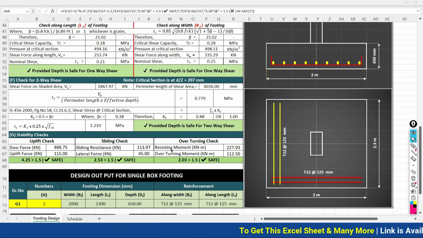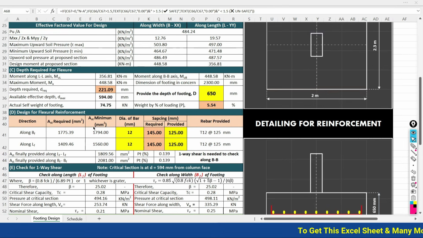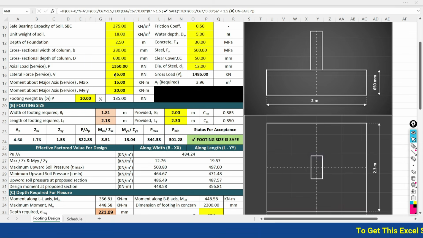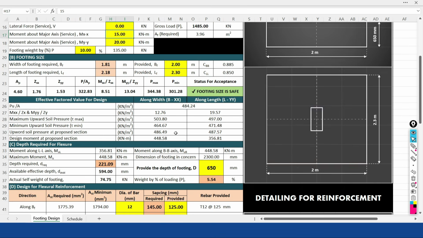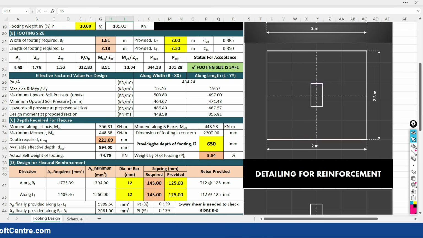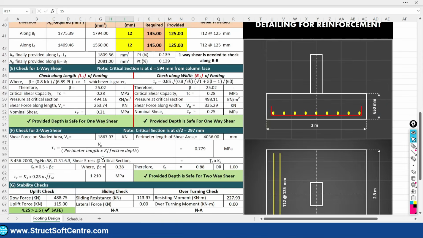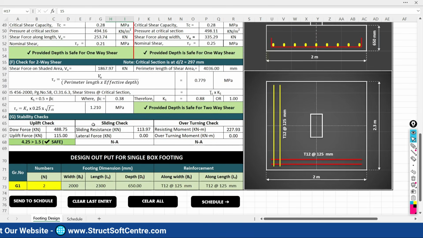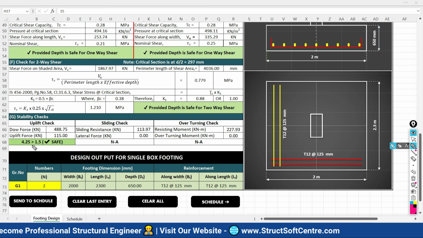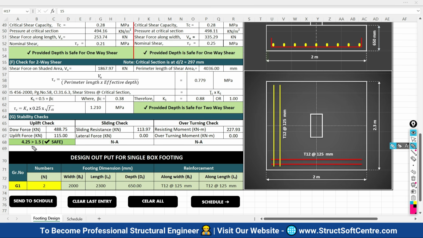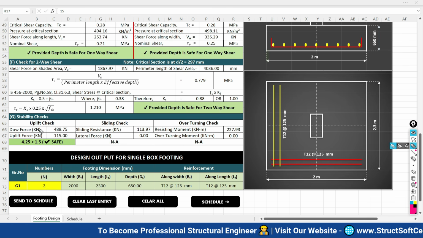And when your foundation is not subjected to lateral load, let's consider an example. I am going to put the value as 0 here. So you can put it as 0 and there will be no impact on any of the other design except the stability checks. In your stability checks, the uplift check is applicable in every case whether the lateral load is there or not. So here the uplift check is safe again.